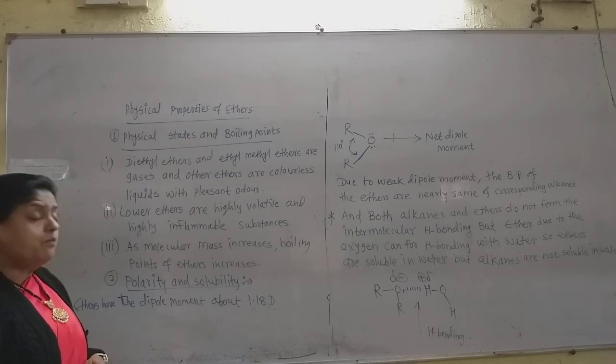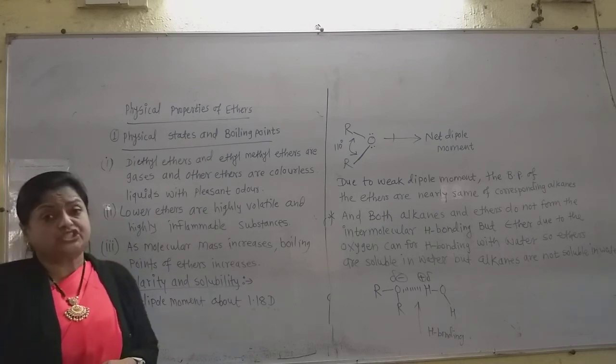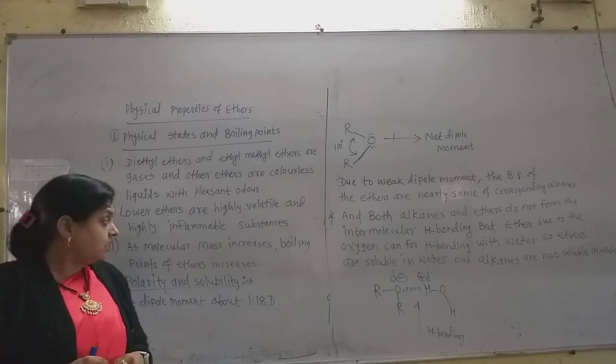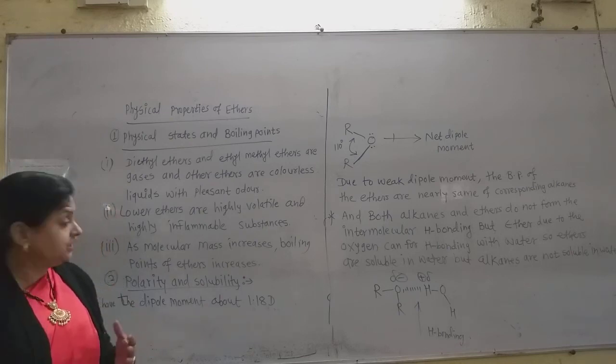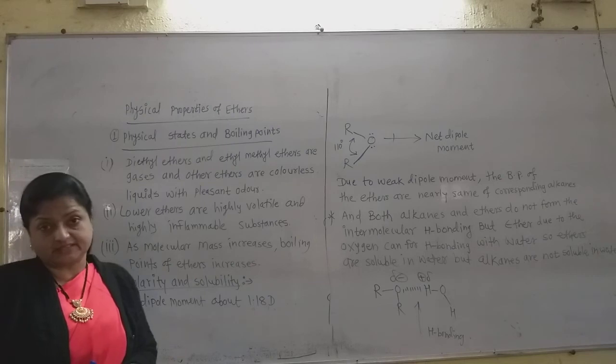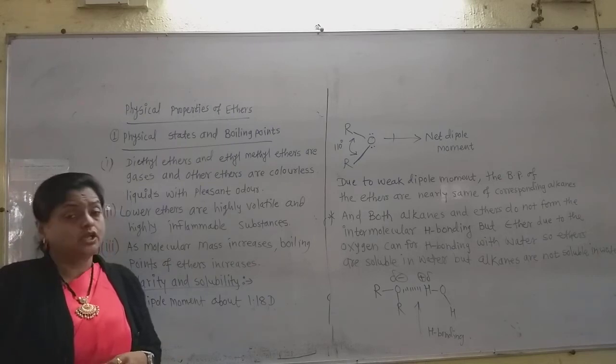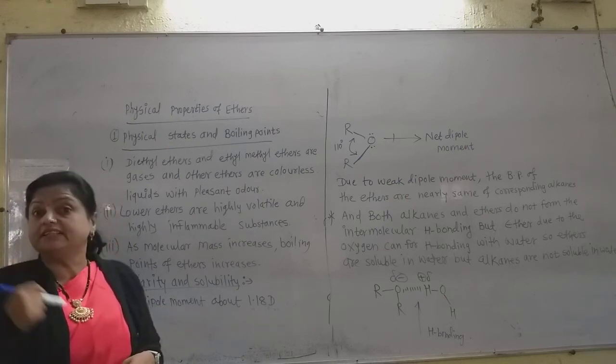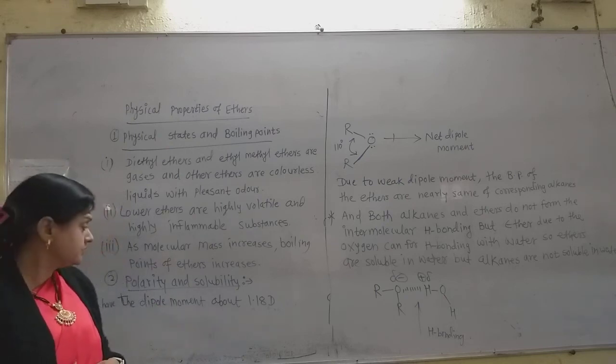Now, as the molecular mass of these ethers increases, the boiling point of the ethers also increases. That means lower ethers have lower boiling points, but the higher ethers have higher boiling points.